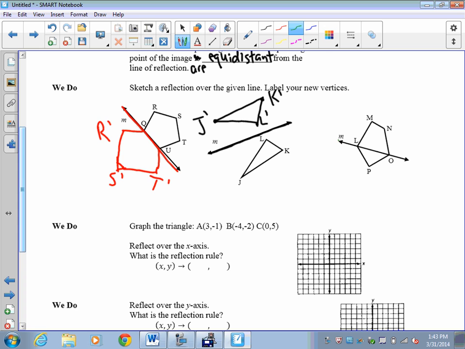This one here might be a little bit tricky because first off we have point P. P prime is going to be on the other side. So remember, N and M are on that side. Well, N and M are going to have to go on the same side as P. So we have to go an equidistance away.